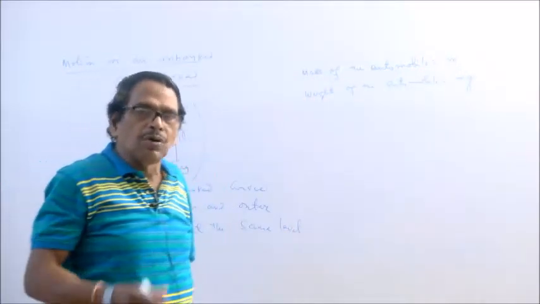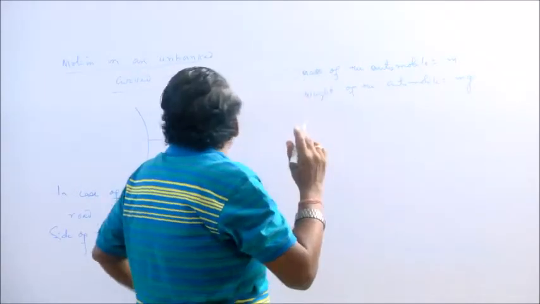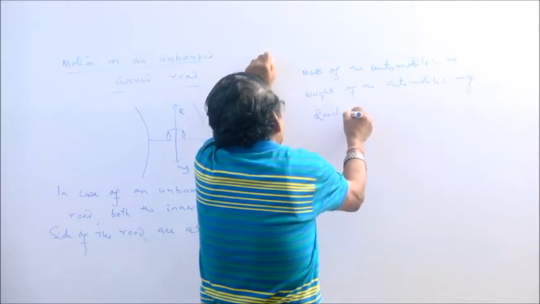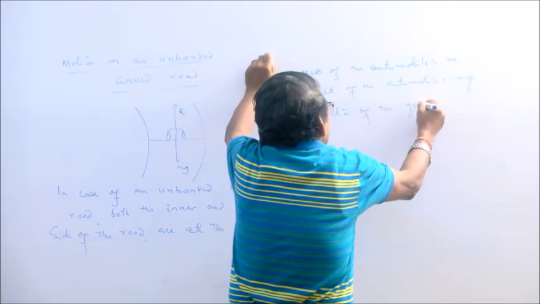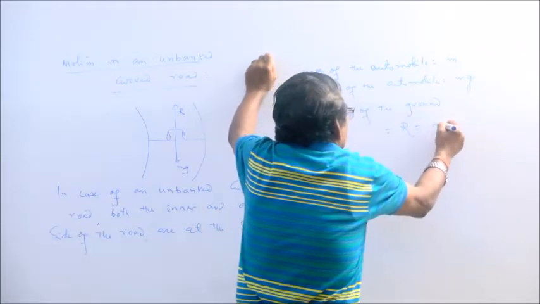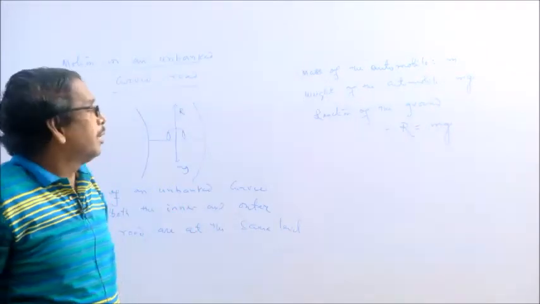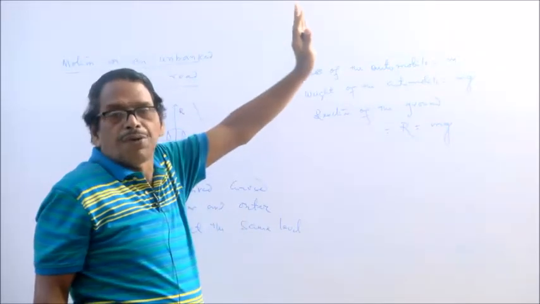As you know, weight always acts vertically downwards. So, the reaction of the ground, capital R, is equal to mg. This is the reaction of the ground R in the vertically upward direction.